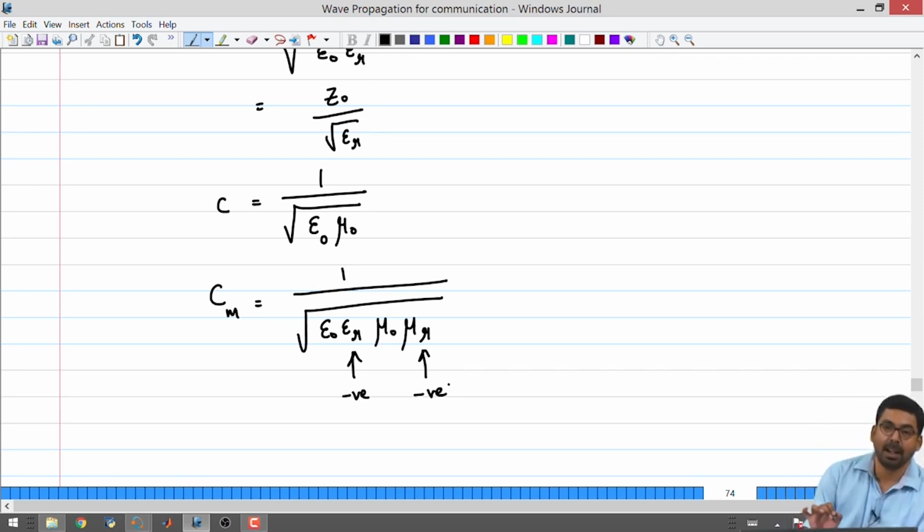These things are all done by people in current research topics. They try to see if they are able to create materials which have, what does epsilon r negative mean, become a big physics question. What does mu r negative mean will become a big physics question. But this much is clear as of now. If I write down the velocity in this format, there are two negative numbers in the denominator, they should perfectly give rise to a finite positive velocity.